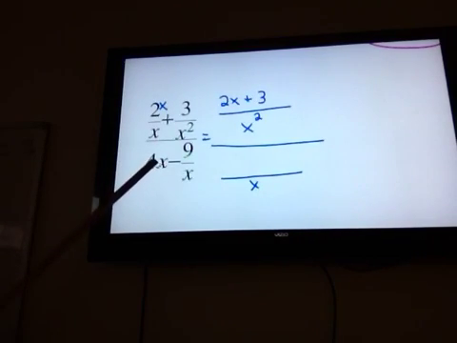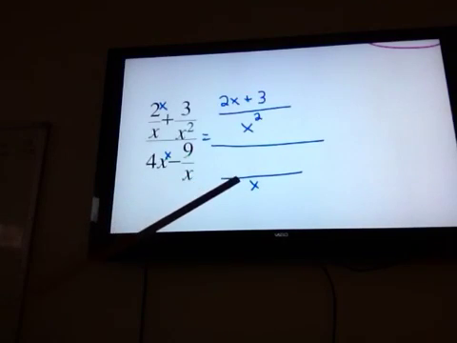So the first term, which does not have a denominator, understood 1, needs the x. The second denominator looks exactly like the LCD, so it doesn't need anything. So I multiply through and get 4x times x, 4x squared, and minus 9 comes over.